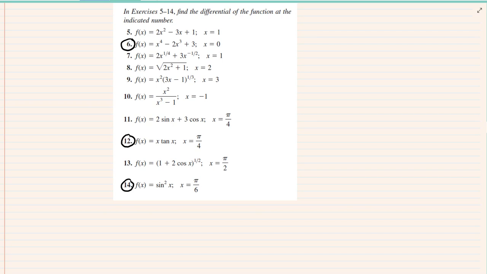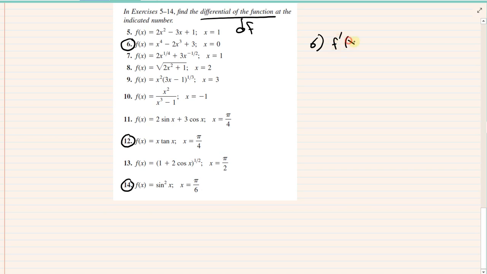In exercise number 6, for instance, the question is simple. We want to find the differential of the function, df, D for differential, at the indicated numbers. So in order to find the differential of the function, we need to find f prime of x.